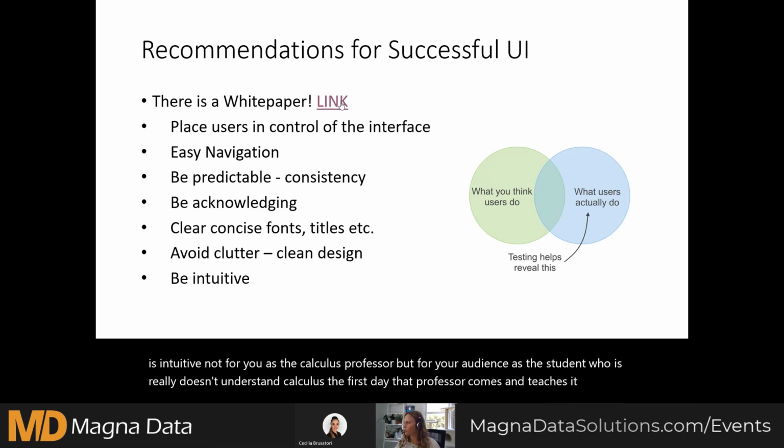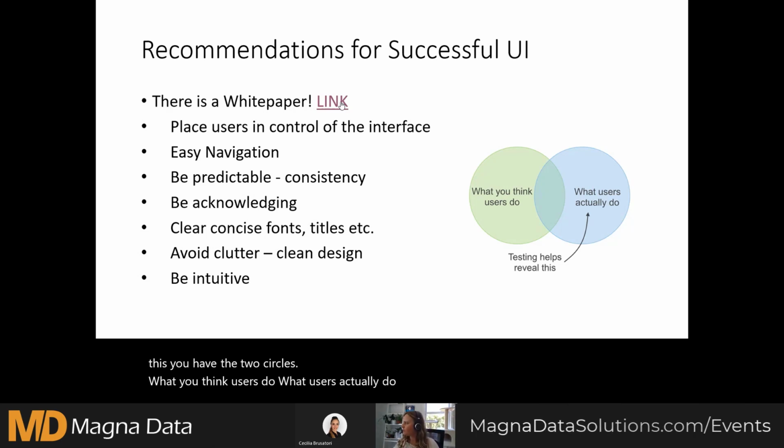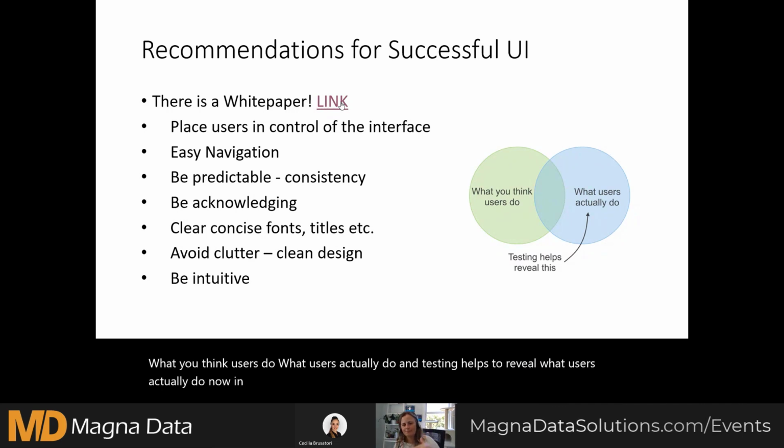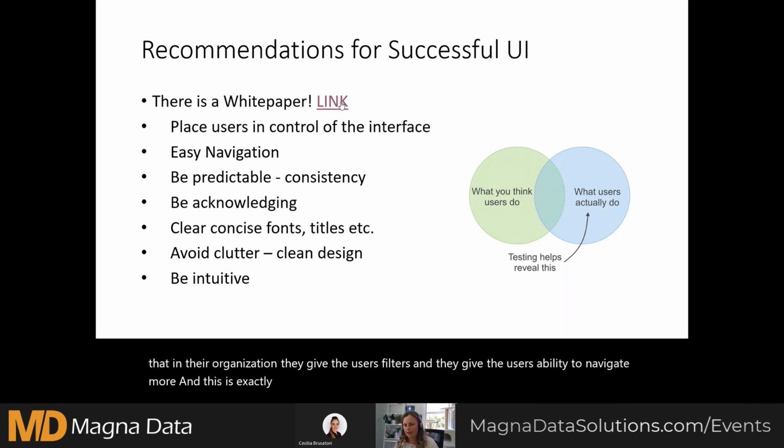So for this, you have the two circles: what you think users do, and what users actually do, and testing helps to reveal what users actually do. Now, in one of the chats before, I believe Gina, but I'm not sure, mentioned that in their organization, they give the users filters and the ability to navigate more. And this is exactly where testing comes to life.